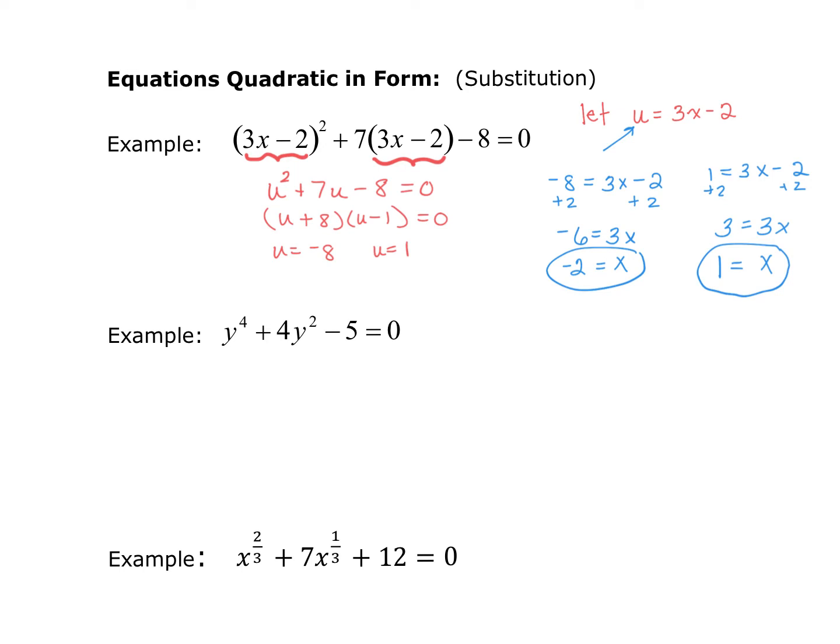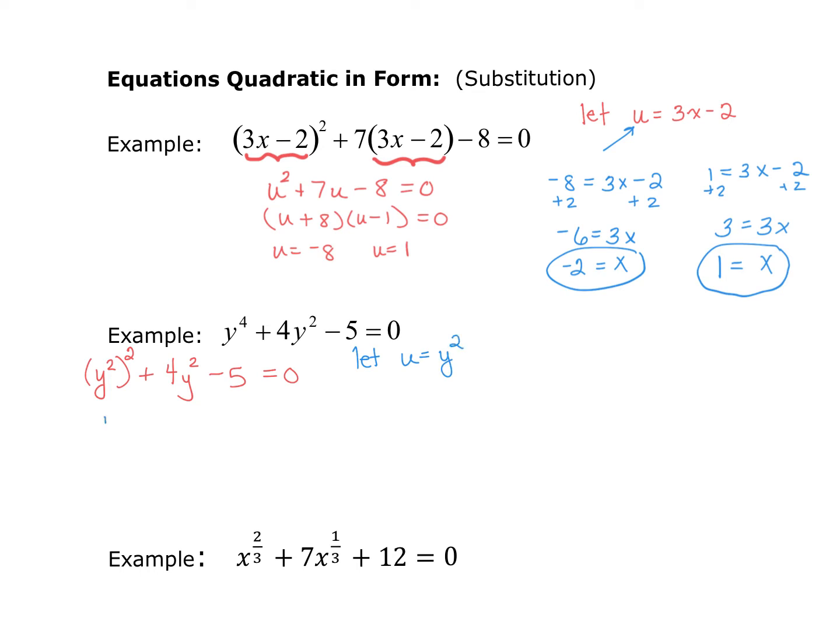Here is another example where we can use substitution. Again, not a quadratic, but it is quadratic in form. If we thought about it as y squared, squared plus 4y squared minus 5 equals 0, then we could make a substitution and let u be the y squared.